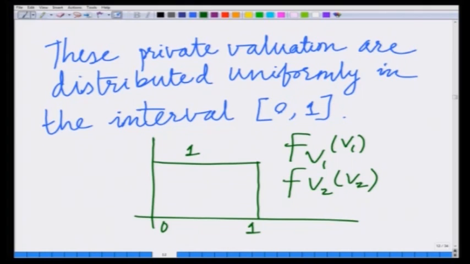You can think of the valuation of the other player as the type of the other player. Each type has a different valuation, and there is an infinite number of types, because the valuation can take any real number between 0 and 1. So, this is a Bayesian game since there is uncertainty regarding the valuations of the other player.